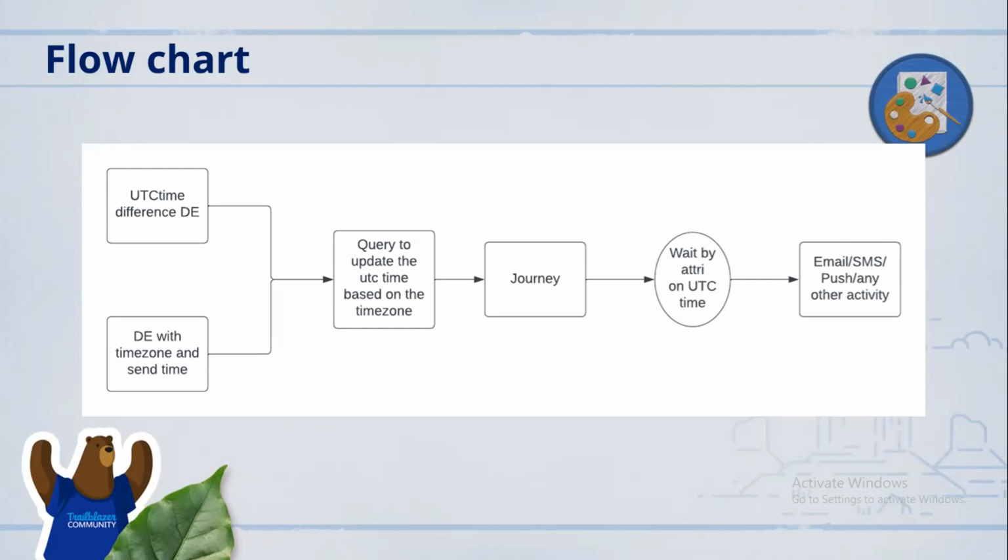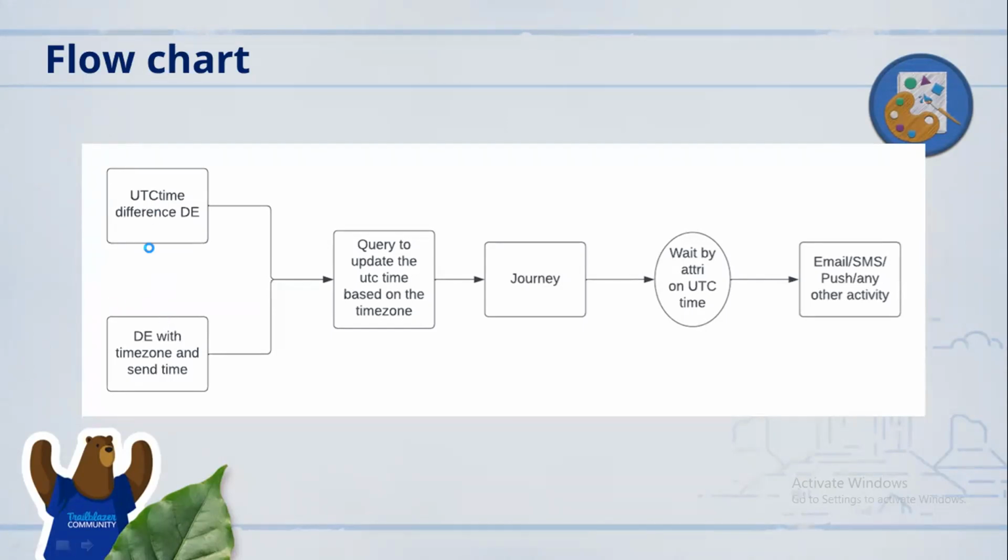I would recommend keeping it in seconds because that is more specific than minutes. The other data extension, the target or source DE, will contain the exact time when we are going to target them, and also the specific time zone.